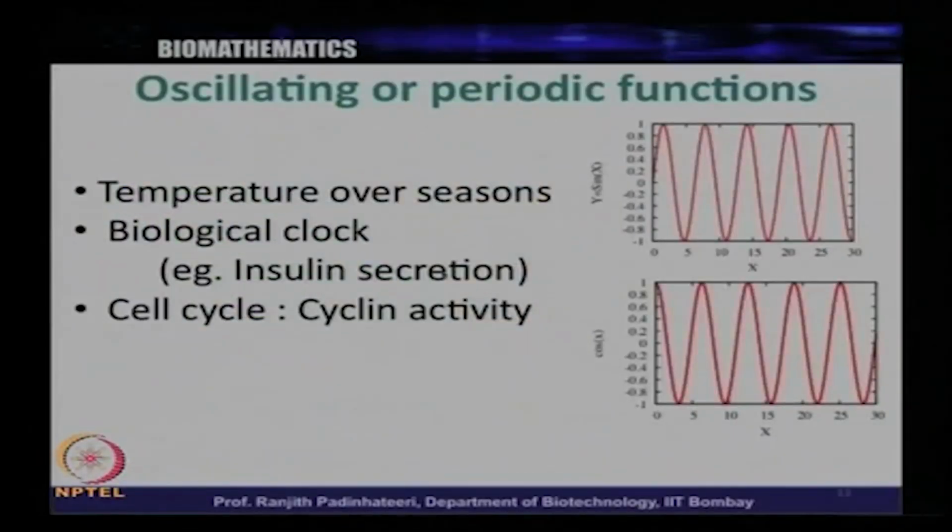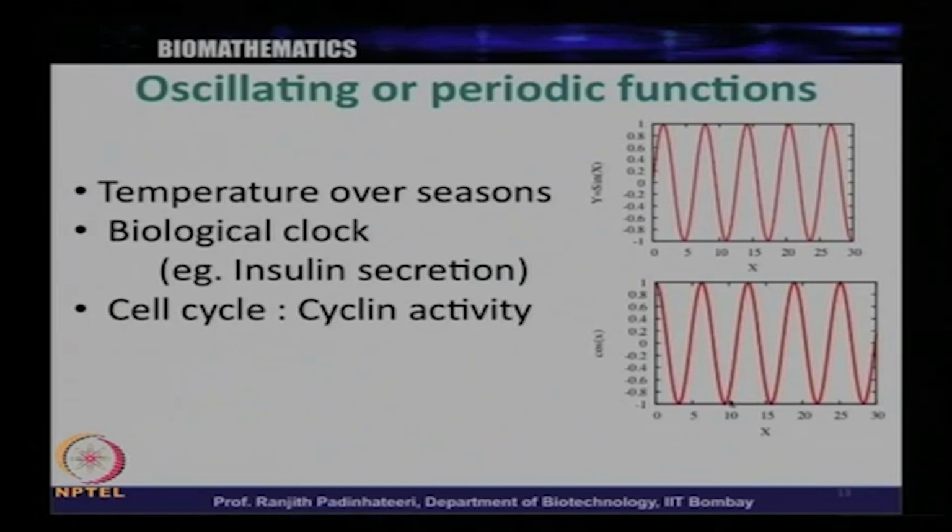For example, insulin secretion, some protein expression, or a gene expression related to the biological clock is a periodic, oscillating function. Again, if you want to represent this insulin secretion, one can use the mathematical functions sin x and cos x. The activity of cyclin is also a periodic or oscillating function.